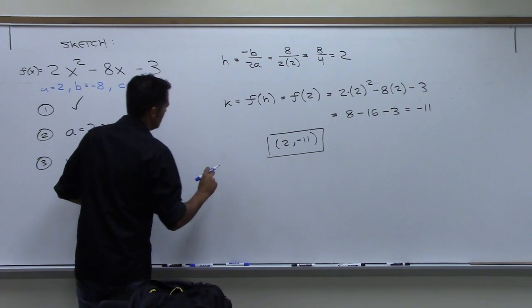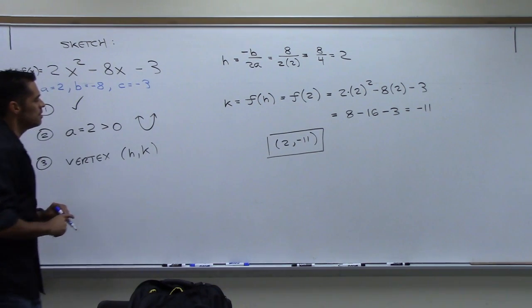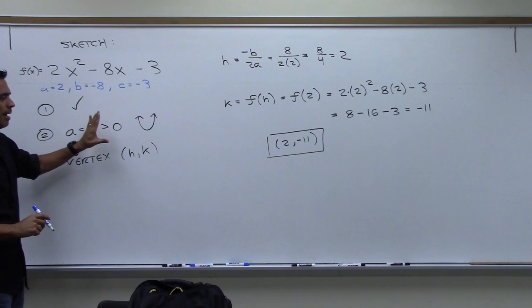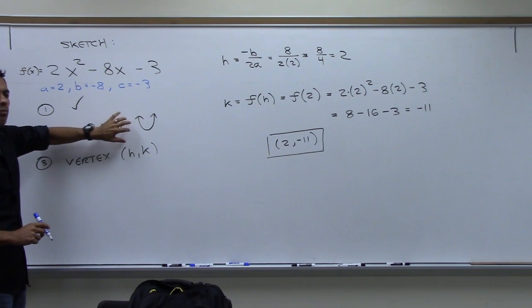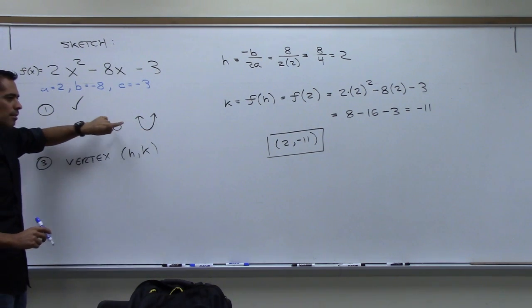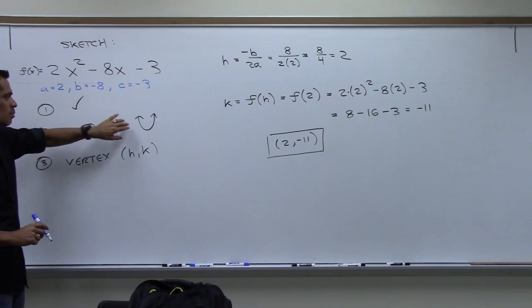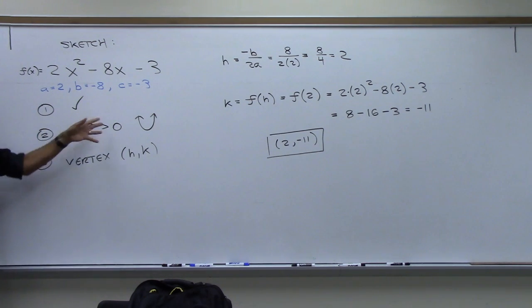2, -11 is going to be where on this picture? On that graph, where is that going to be? 2, -11. It's a point on our graph, right? It's our vertex. So where is it? Any ideas? Anybody?